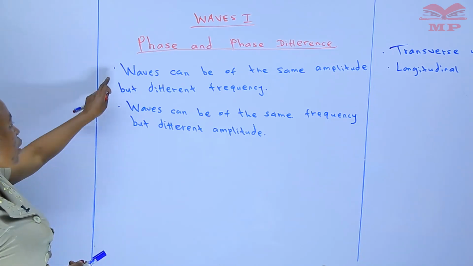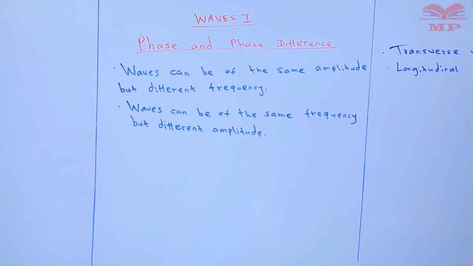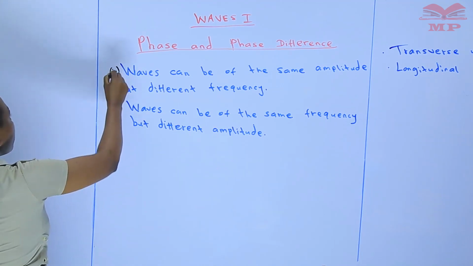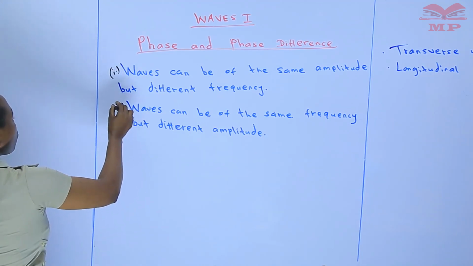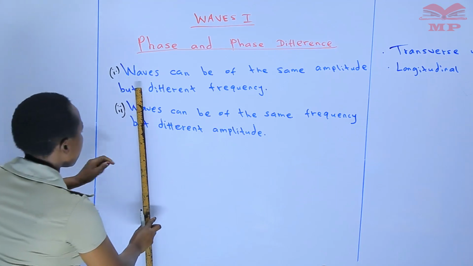And we want to make the two sketches and see how the wave looks like. So we start with the first one. We can even call this one number 1 and this our number 2. So we start with number 1, waves of the same amplitude but different frequency.